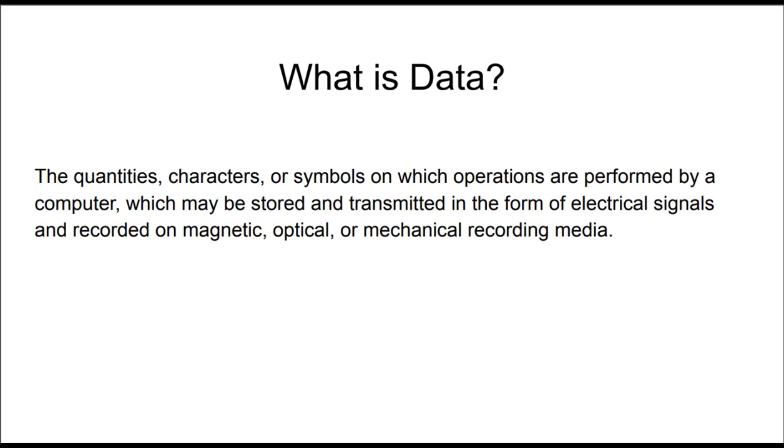What is data? By definition, data is quantities, characters or symbols on which operations are performed by a computer, which may be stored and transmitted in the form of electrical signals and recorded on magnetic, optical or mechanical recording media.